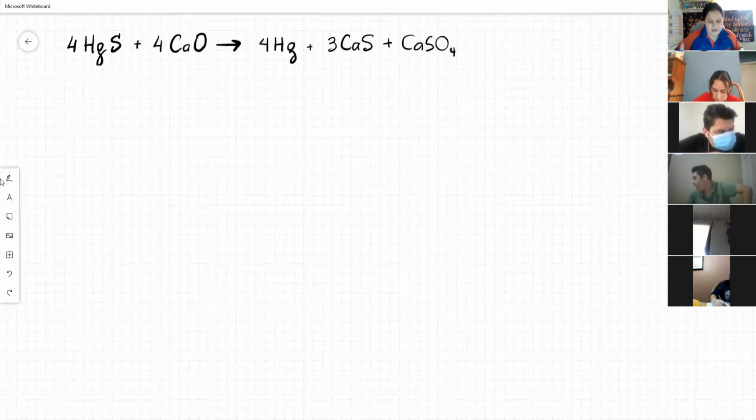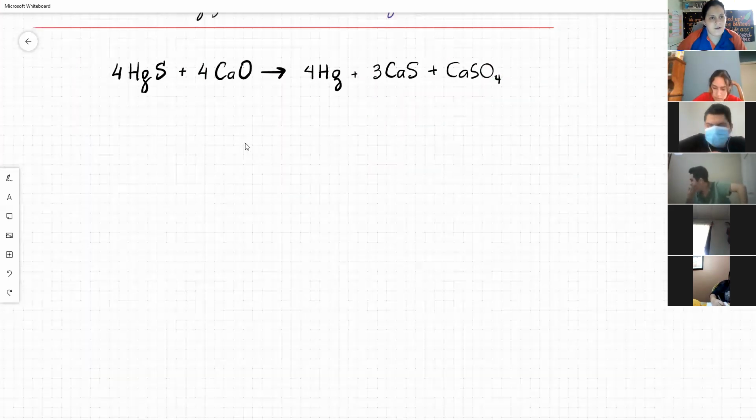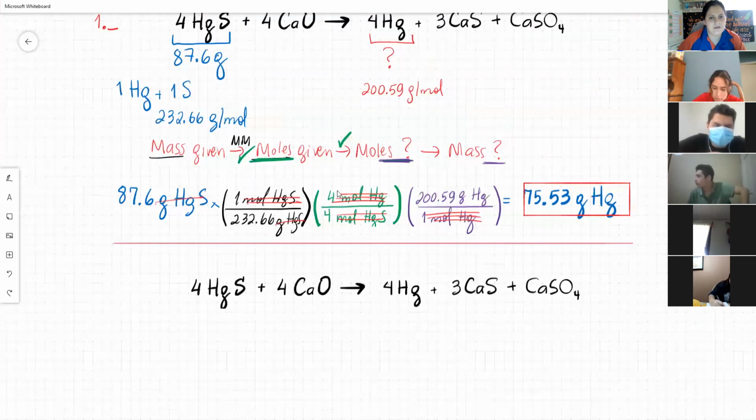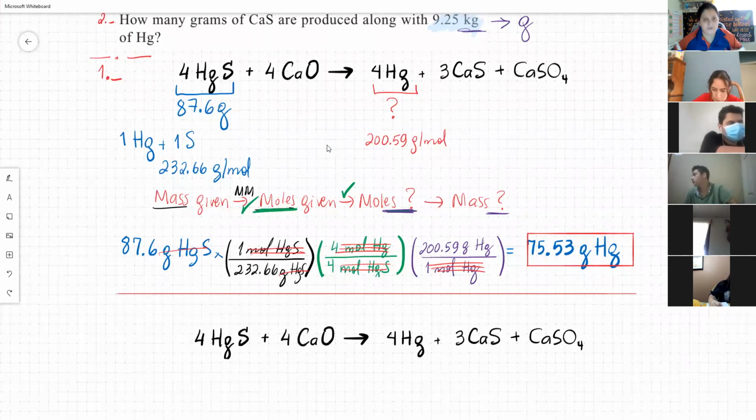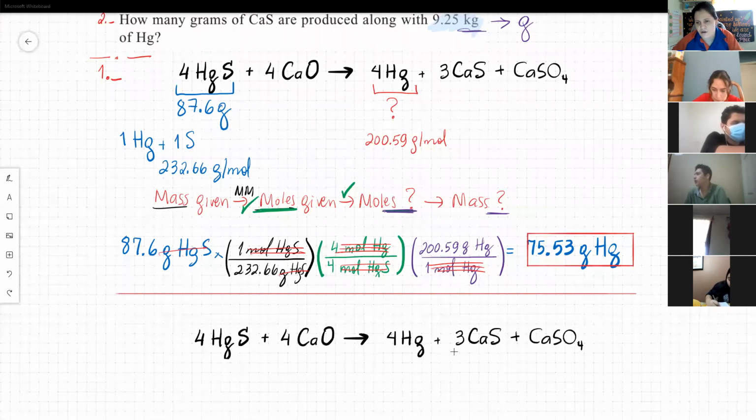Okay. So let's focus on this question that says how many grams of calcium sulfide are produced along with 9.25 grams of mercury. I'm just going to copy and paste the question better. I need to work in that part.